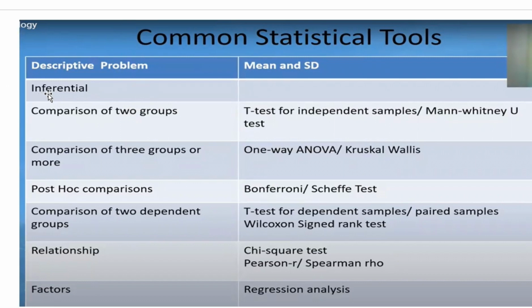Like, if you're going to compare the two groups, you're going to use t-test for independent samples. If you want to analyze the relationship of the variables, you have to use chi-square test, Pearson R, no?